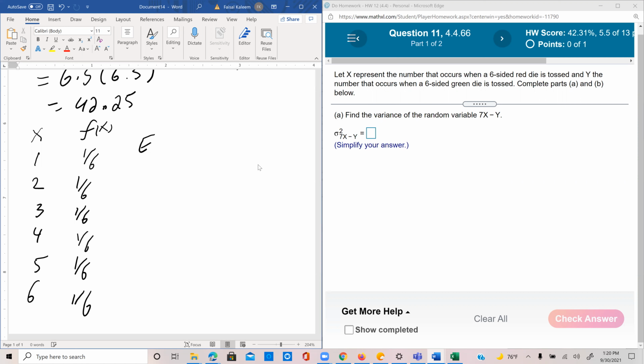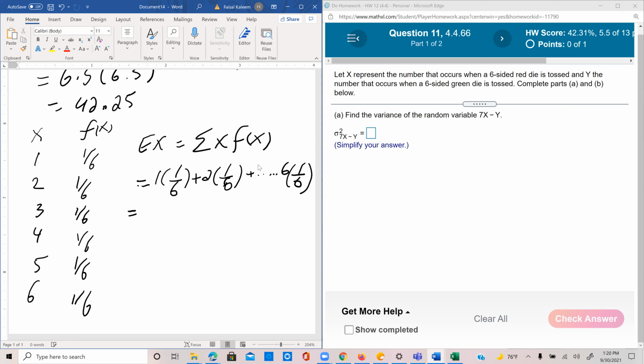So E of X in this case, summation x f(x), would be 1 times 1/6 plus 2 times 1/6 plus all the way up to 6 times 1/6. So 1/6 can be factored out. 1 plus 2 plus 3 plus 4 plus 5 plus 6.